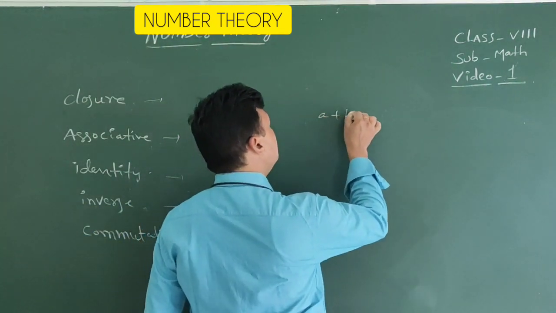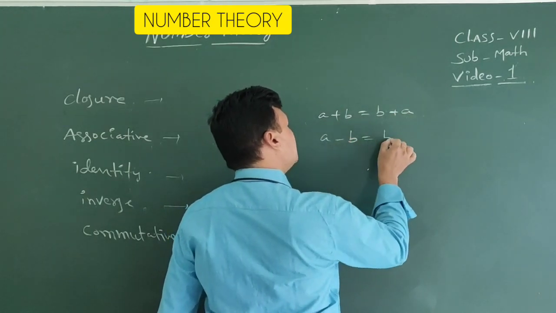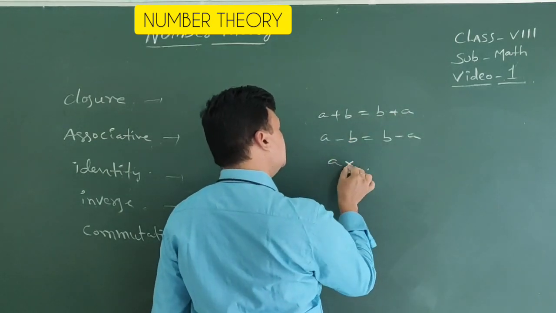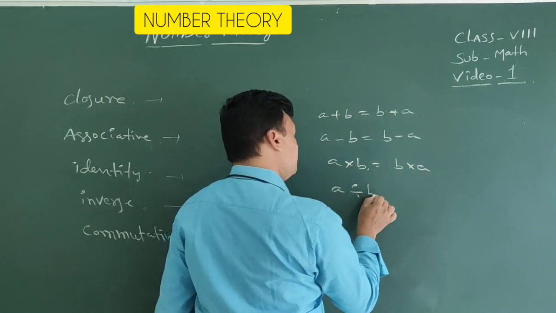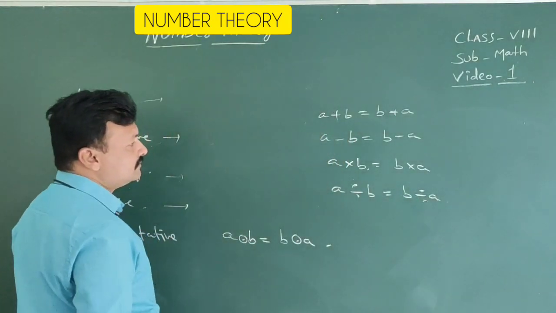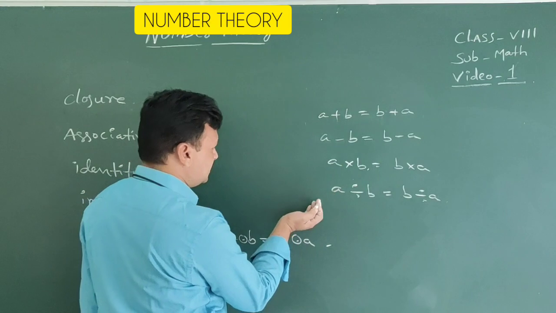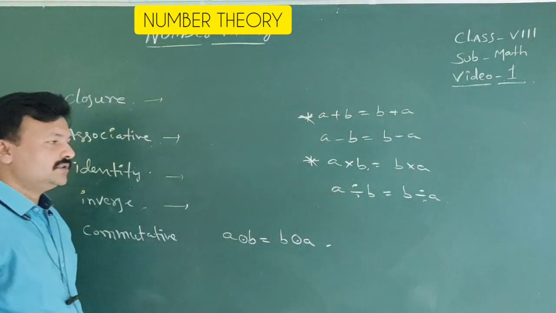For any number system, only these two, addition and multiplication, are true.